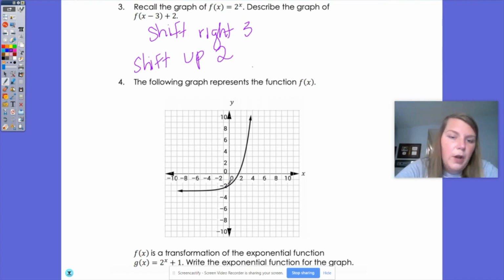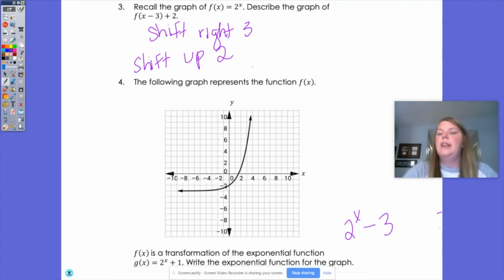So how do we get from 1 all the way down to -2? We're going to subtract 1, 2, 3. So instead of 2 to the x plus 1, our new function is going to be 2 to the x minus 3, because we're taking that from 1, our original 2 to the x, and we're shifting it down 1, 2, 3. Good.